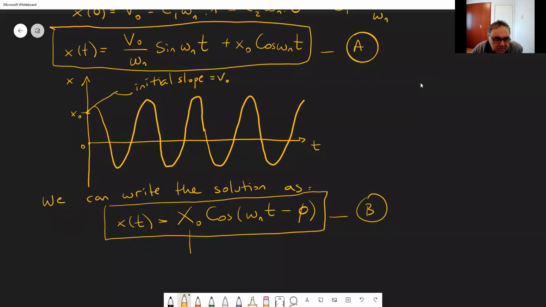Now, capital X is the amplitude. But what is capital X? Capital X is the maximum value of this.